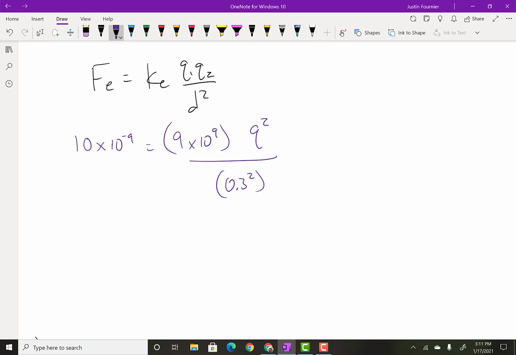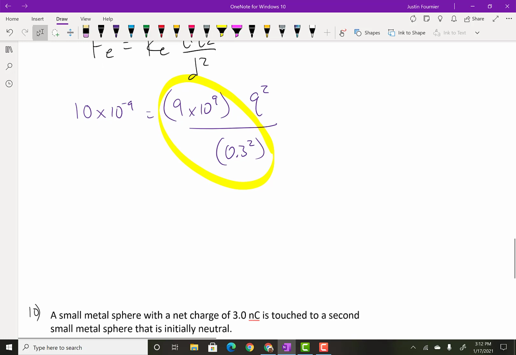So, let's see, I'm going to reduce this first. That's 9 times 10 to the 9 divided by 0.3 squared. So that's going to be 1 times 10 to the 11. So I got 10 times 10 to the negative 9 equals 1 times 10 to the 11 times Q squared.